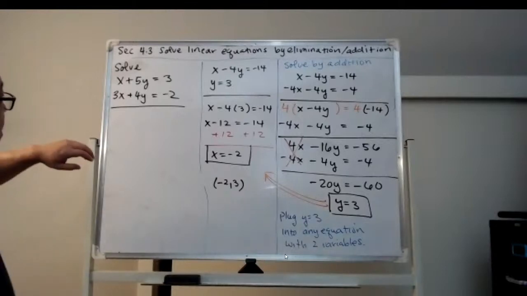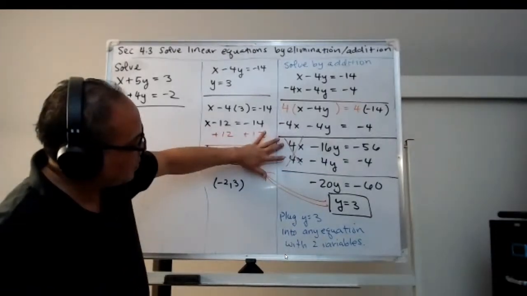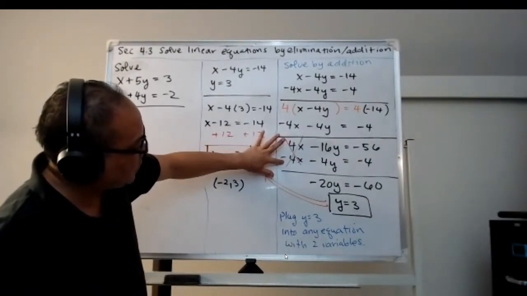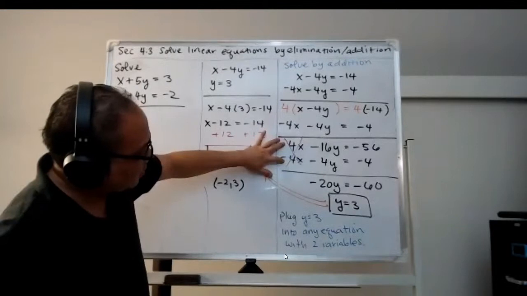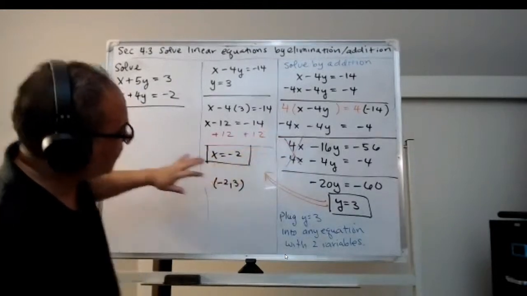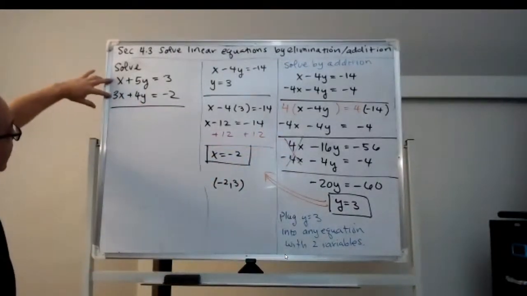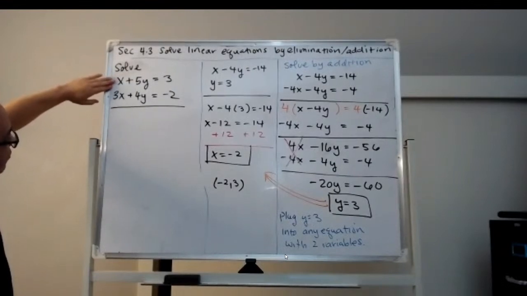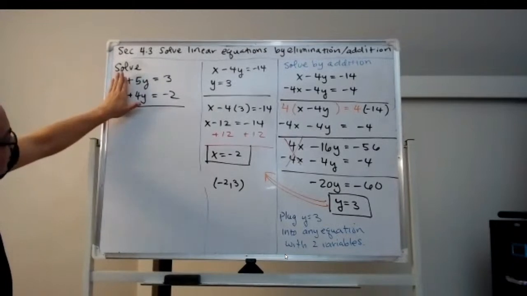Okay, so over here, I wanted to have this situation where this was a positive, this was a negative of the same number. So when I add them, they would cancel out. So what I'm going to do in this case is multiply this one by negative 3, because negative 3 times positive 3 will cancel each other out.